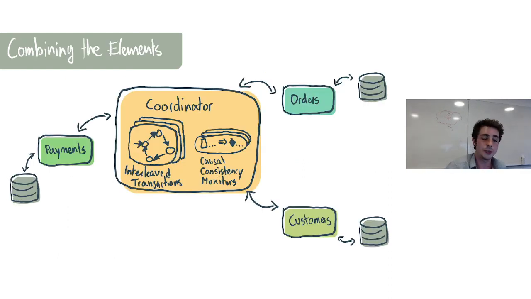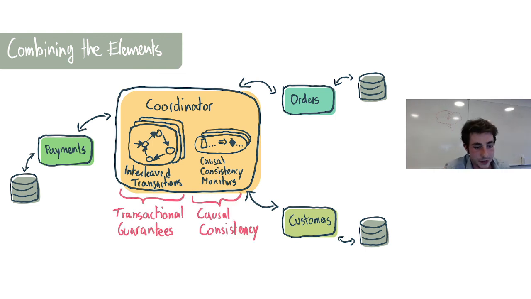Together, combining the two elements, we get a centralized coordinator which has both things. So it has the interleaved transaction semantics and it has the causal consistency monitors. And the events would now flow not anymore directly between the microservices, but the events that are critical, so that are involved in critical business functions, would flow through this coordinator, and our tools will make sure that the interleaving stays consistent.